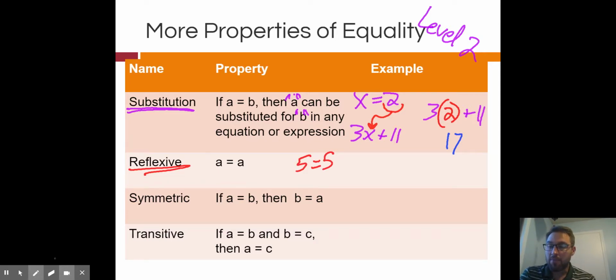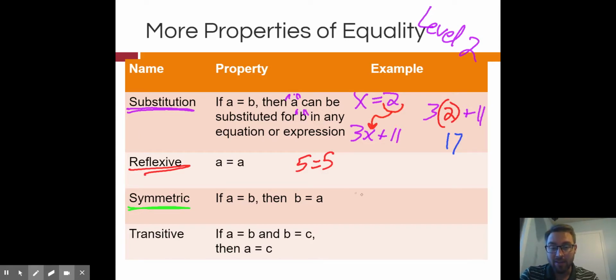The symmetric property is slightly different and more useful. I don't remember many situations off the top of my head when I use the reflexive property, but I use the symmetric property a little bit. So what the symmetric property says is if A equals B, then B equals A. So you can flip them.